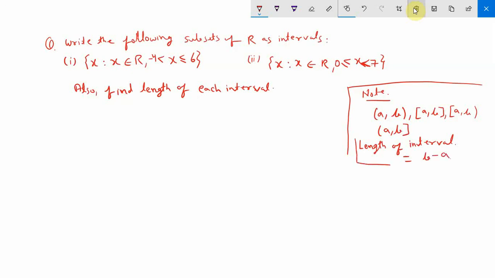Length of interval in all these cases will be the same, that is b minus a. So using this we will solve the problem.